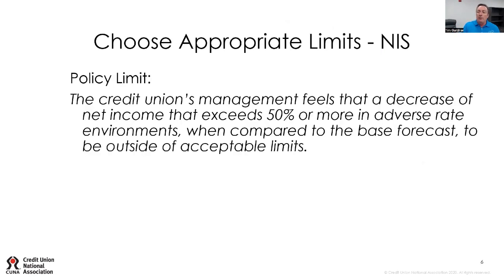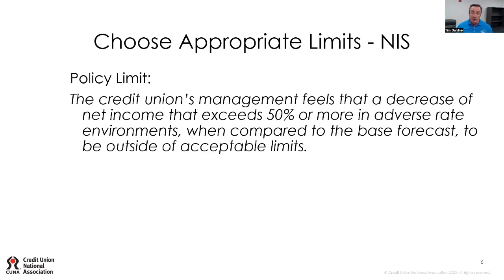but that's really how you go about managing risk. Okay, so like I mentioned, when you look at your policies, if you get a chance to do that, this is where you might find verbiage that maybe it looks like this. The credit union's management feels that a decrease in net income that exceeds 50% or more in adverse rate environments is not something that we're willing to tolerate.